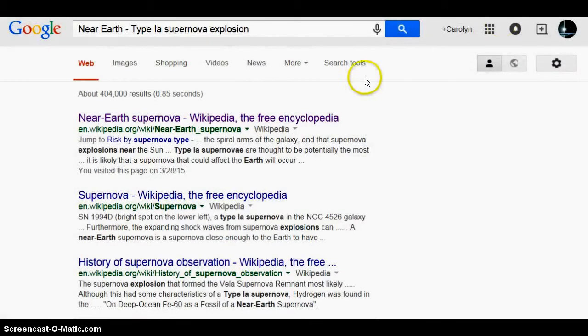I put in near Sun, and I got this: the near-Earth Type 1a supernova explosion.